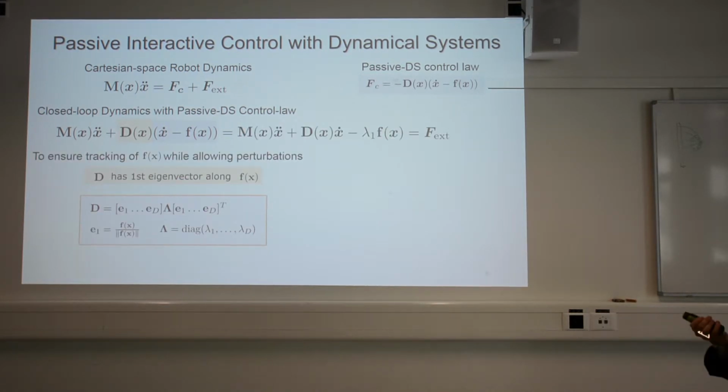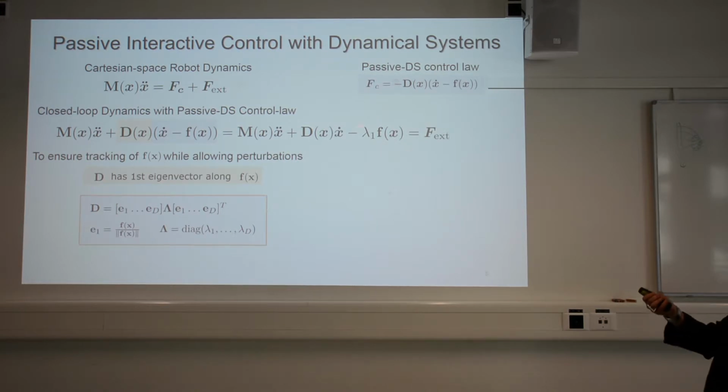If we expand this closed loop dynamics, we can decompose it into something like this, because the first eigenvalue corresponds to the first eigenvector, which is our dynamics, given by our f of x.